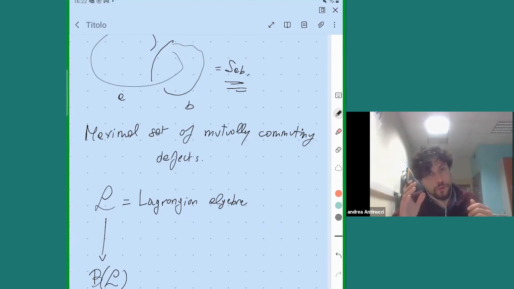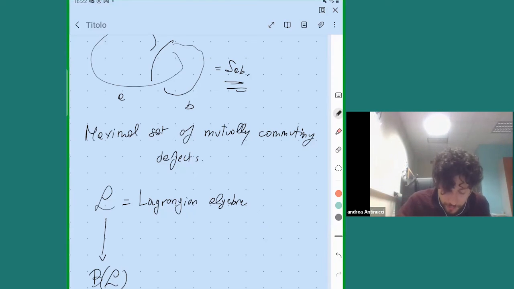And so this interface is not really an interface, but a boundary, because it's an interface between your theory and the trivial theory. This boundary condition is defined by prescribing that all the objects inside the Lagrangian algebra can end on the boundary.